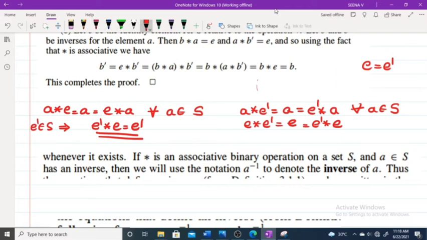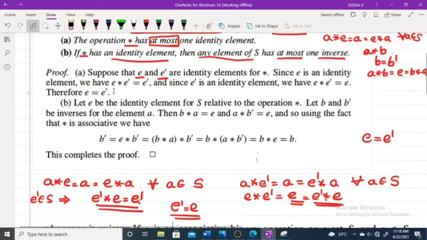If we consider e dash as identity element, we get this one. If you look at this clearly, here the right hand side is e dash, left hand side is e dash star e. Here the left hand side is e and the right hand side is e dash star e. That means we get e dash equals e. So that is the proof here.